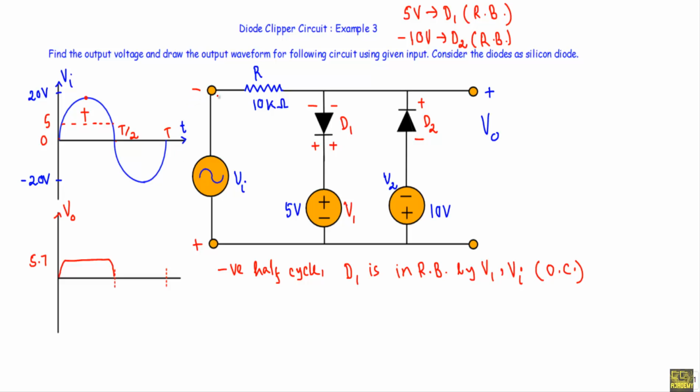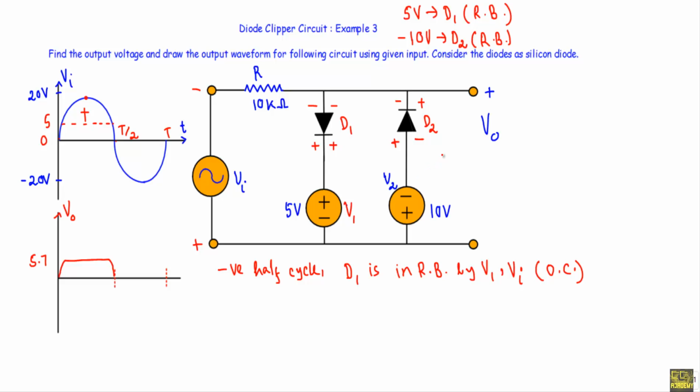Now see, the negative terminal of the input voltage is connected with the N side of the diode D2 and positive terminal is connected with the P side of the diode D2. As the positive terminal of the input voltage is connected with the P side and the negative terminal is connected with the N side of the diode D2, that means Vi is trying to drive the diode D2 in forward bias, while this 10 volt source is trying to drive the diode D2 in reverse bias.